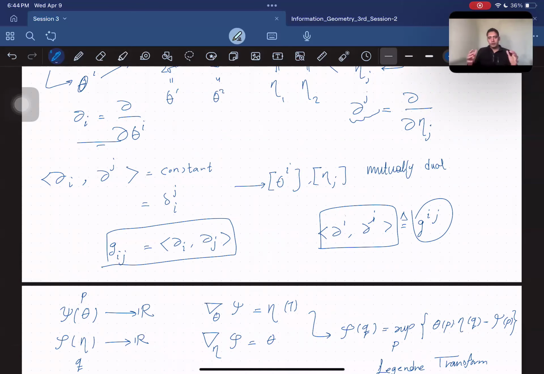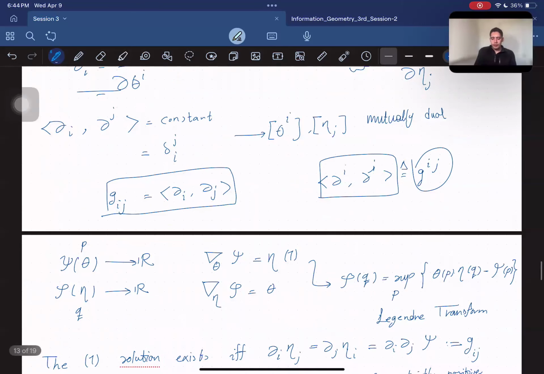One way to do so is to find a function, psi, that when I take the gradient with respect to theta, it would create the second parameters. Okay? So we want to find psi. Why? Because we want to translate theta to eta.